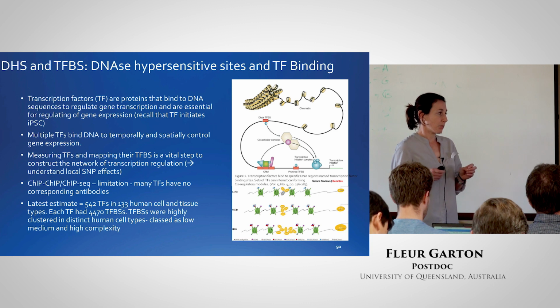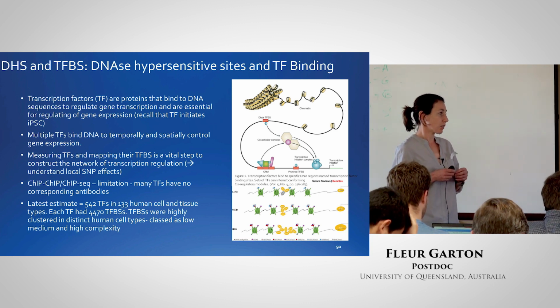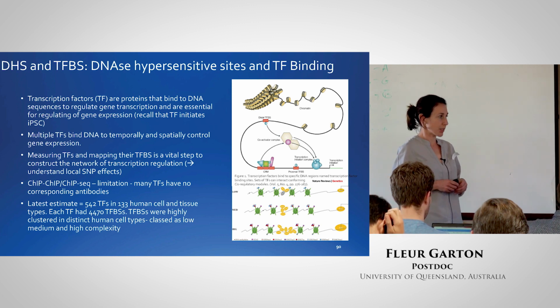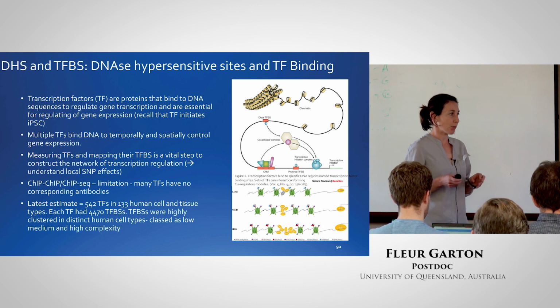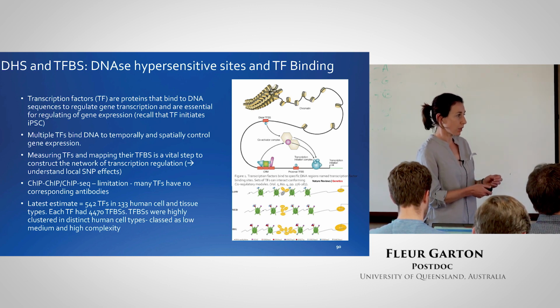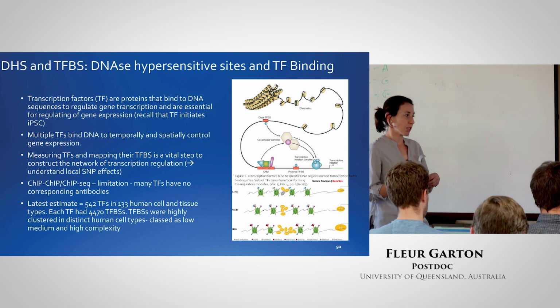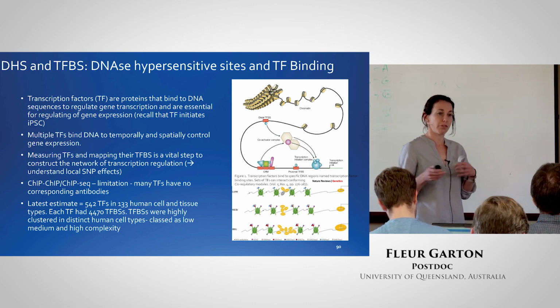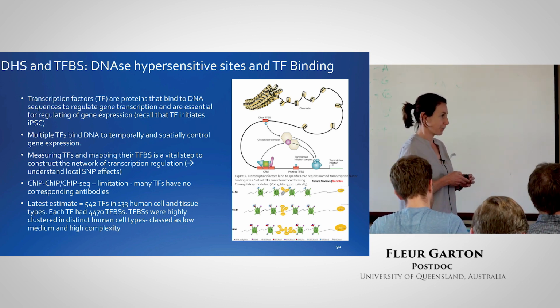These binding sites are also highly clustered in distinct human cell types, and you can classify them as low, medium or high complexity. This is a picture of something in low complexity and something much higher. If something is higher complexity, there are more factors regulating the transcription of a particular gene.